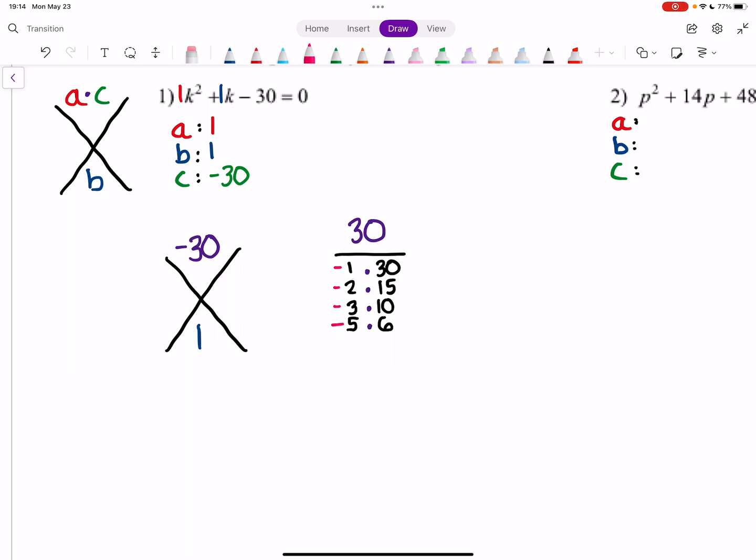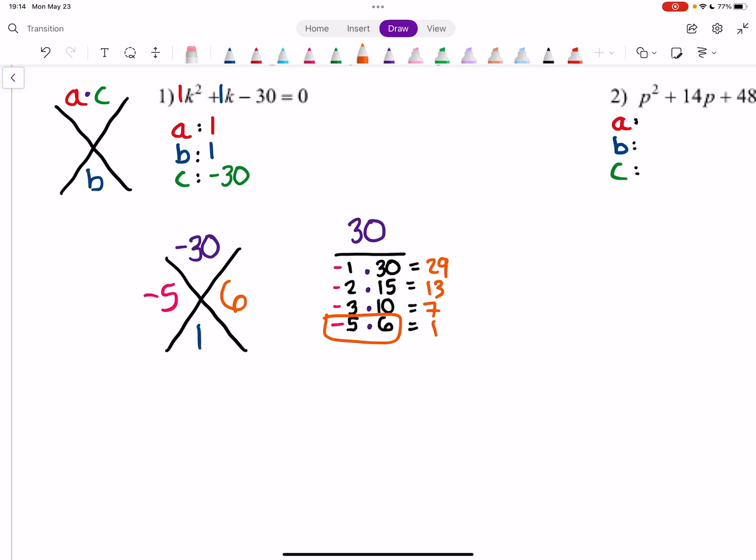I need to figure out which factor pair is going to add to get me 1. And again, you can try using your calculator if it's not so obvious. But what we're looking for basically is which pair are 1 apart. So these two add to get 29, 13, 7, and 1. So that means the correct factor pair to choose are 5 and 6, with the 5 being negative. So I have negative 5 and a positive 6.